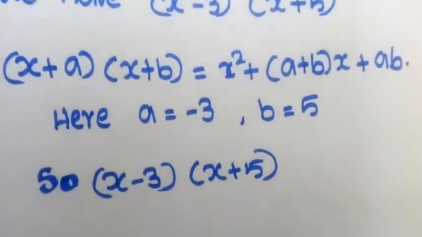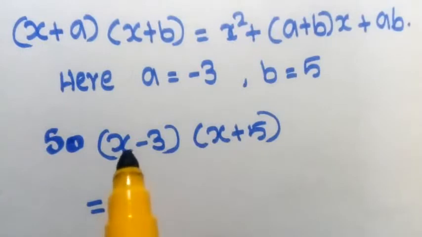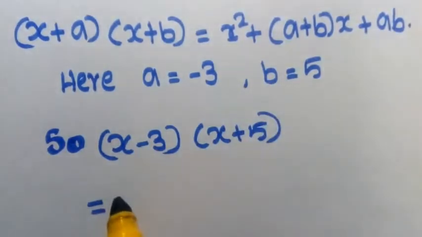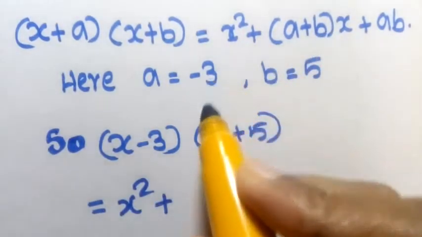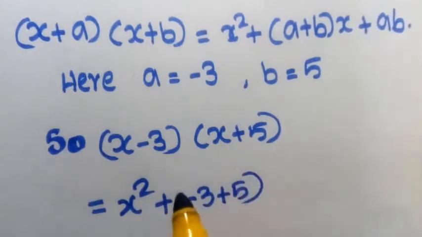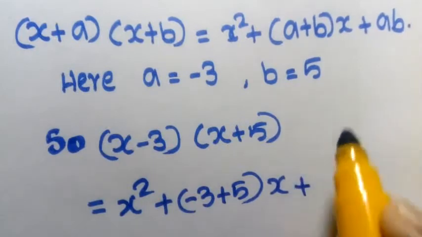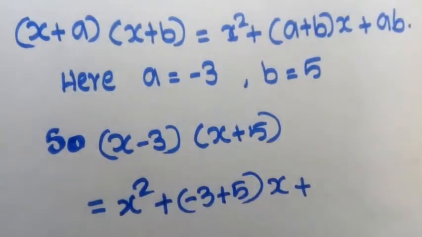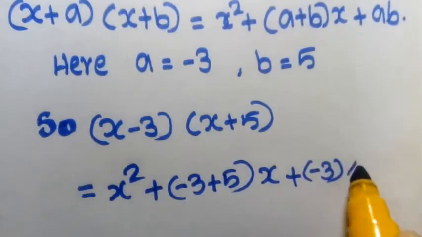So, (x − 3)(x + 5) is equal to, here also we have x, so x² plus (a + b), a is −3 plus b is 5, into x, plus ab. ab means a into b, so −3 into 5.